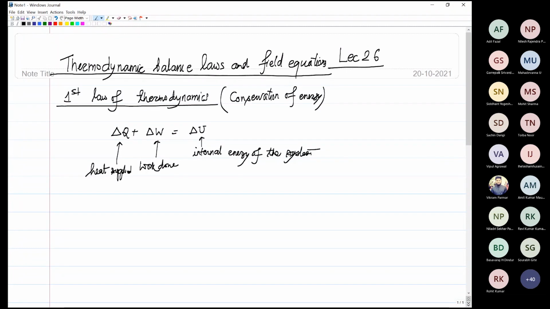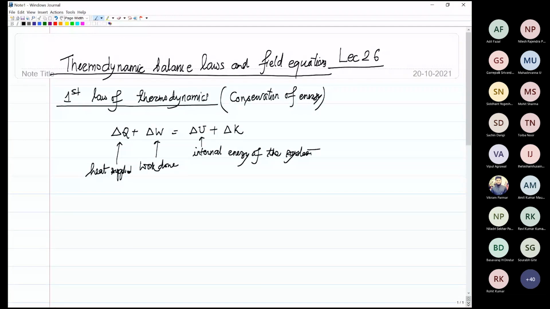This law is for what are called quasi-static processes, where the kinetic energy of the system is very small. But if it's a dynamic system that is evolving and has kinetic energy, then we also add the kinetic energy here.